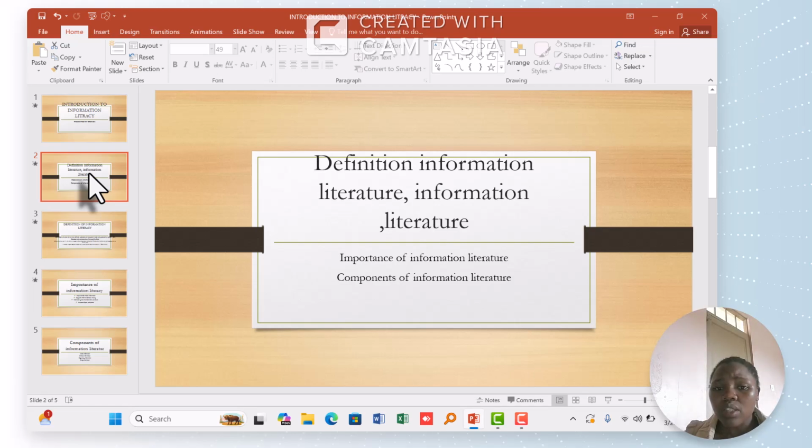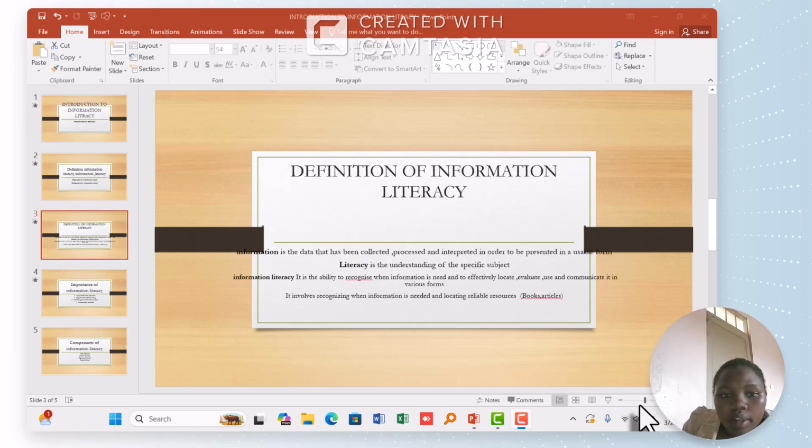We are also going to see the importance of information literacy. Then we are going to see the components of information literacy. Straight away we are going to see the definition of information literacy, but we're going to start with the definition of information.